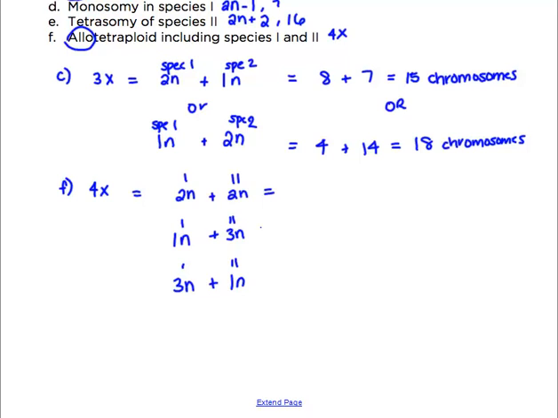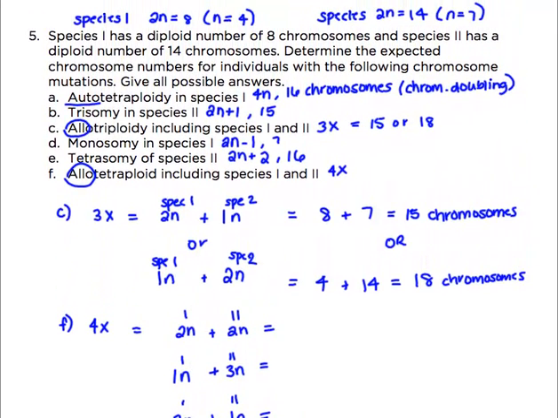So let's find out what these equal. So species 1, 2n is 8, and species 2, 2n is 14. So that gives you 22 chromosomes. Or you can have 1n from species 1, which is 4, and 3n of species 2 would be 3 times 7, which is 21.